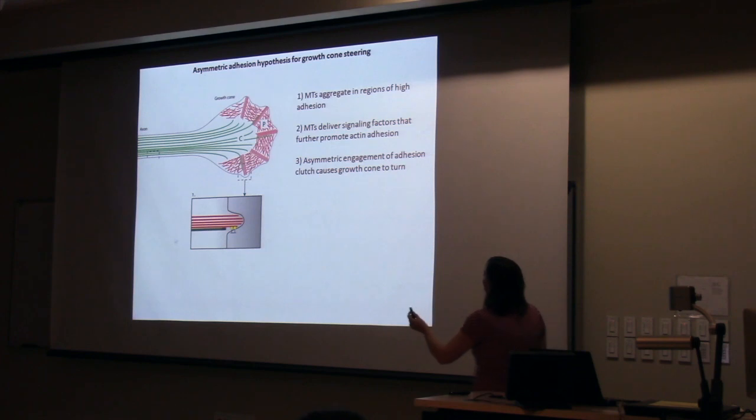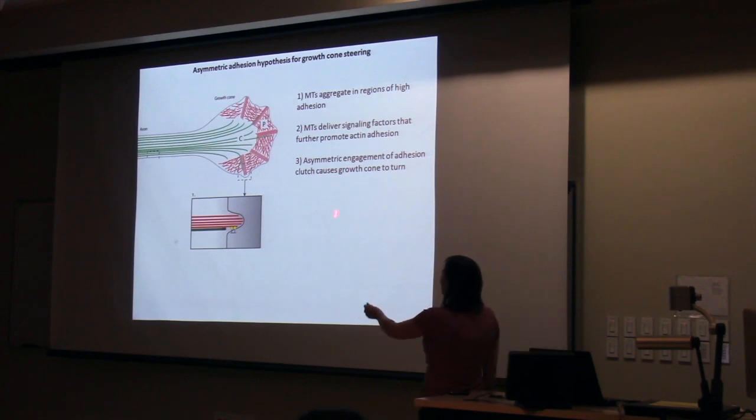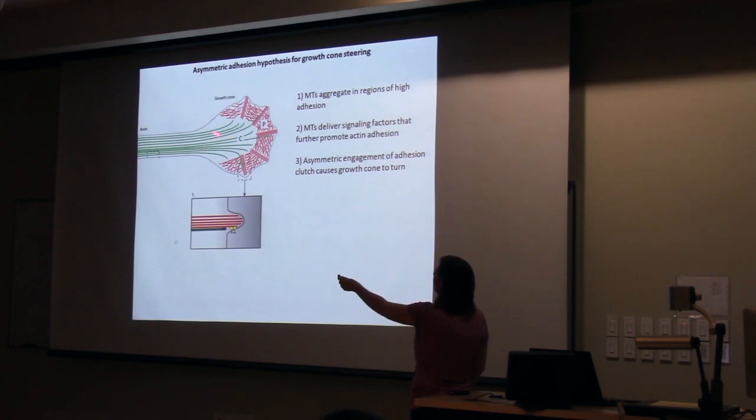The idea is that if there's some chemoattractant over on this side of the growth cone, and that triggers the actin network on that side to adhere a little more strongly than on the other side, then the microtubules that are exploring the whole growth cone begin to aggregate over at the site where there's more adhesion.